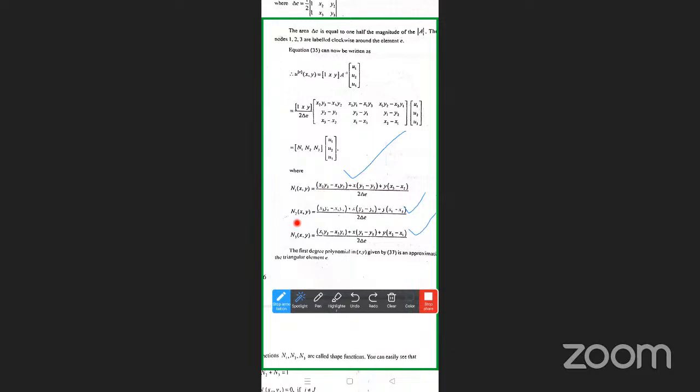N2 of x comma y is x3 y1 minus y3 x1 plus x into y3 minus y1 plus y into x1 minus x3, divided by 2 delta E. Next, N3. So these are the formulas for node 1, node 2, node 3, the first degree polynomial. This is equation number 38.